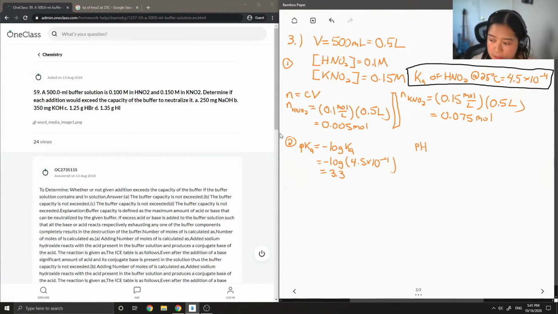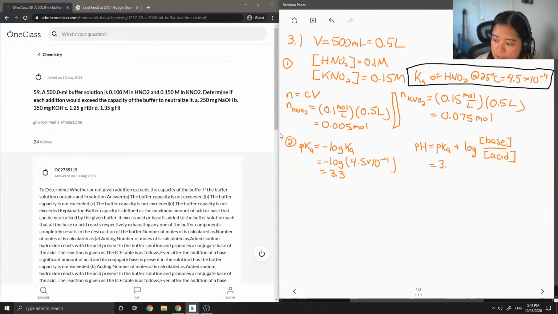And to do that, it's just the pKa, which is what we just solved for, plus the log of the concentration of base over the concentration of acid. Okay, so I'm just going to plug in all these values.